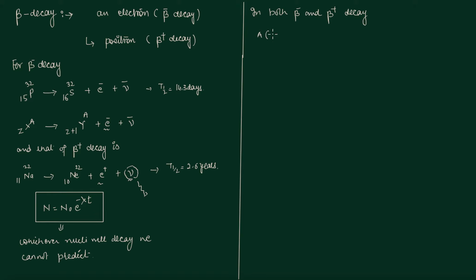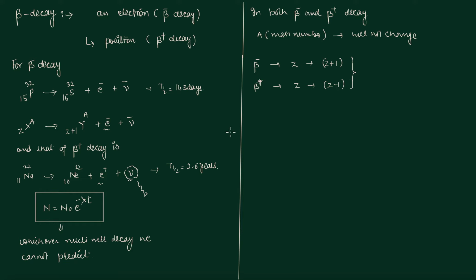It will not change. But in case of beta minus decay, the atomic number will increase by 1. But in case of beta plus decay, the atomic number will decrease by 1. So this is the point of difference between beta minus and beta plus decay.